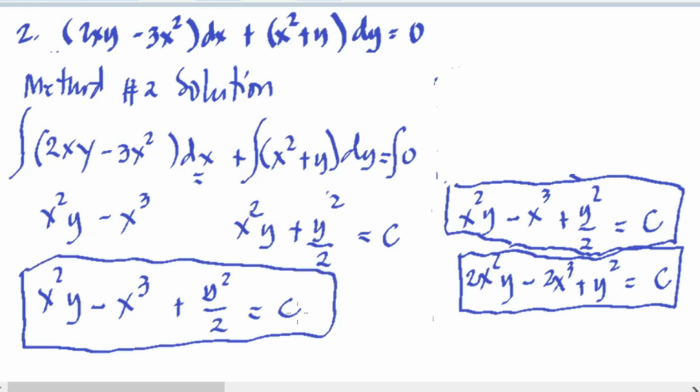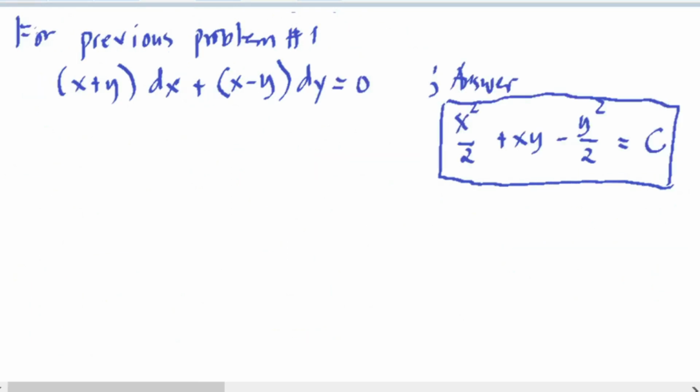Okay, so look at the similarity. This is also the answer from the previous solution. Okay. So from the previous example, problem number 1, we used the first method a while ago. Now let's verify the answer using the second method.